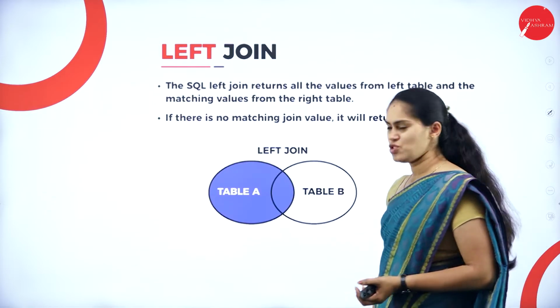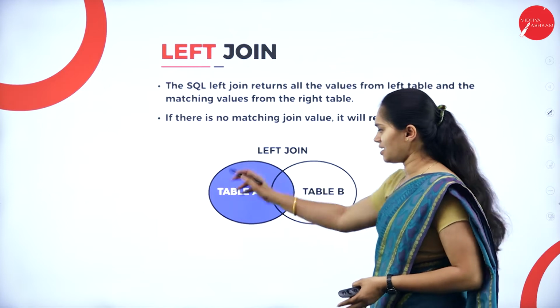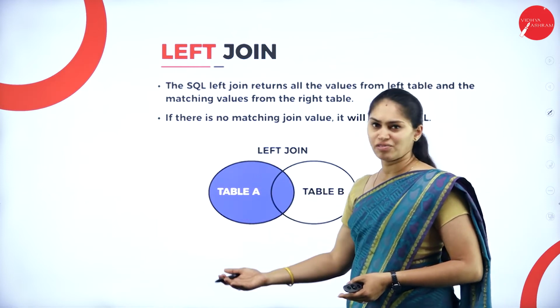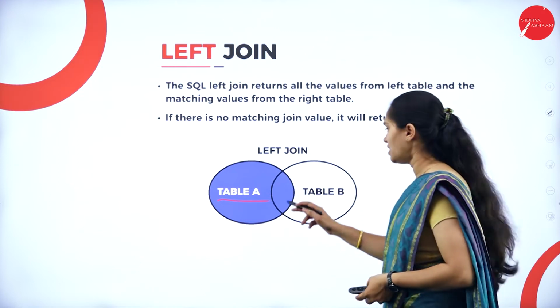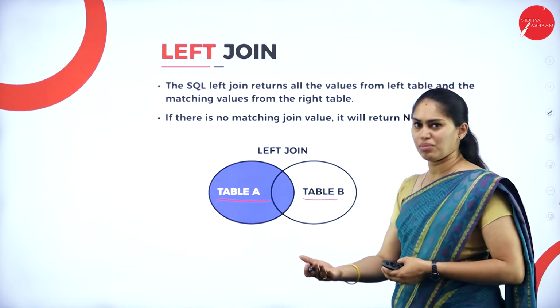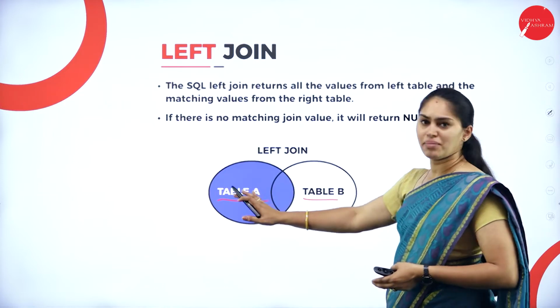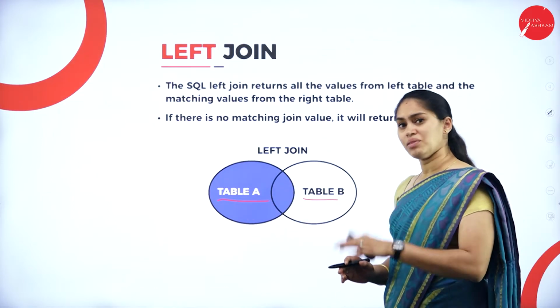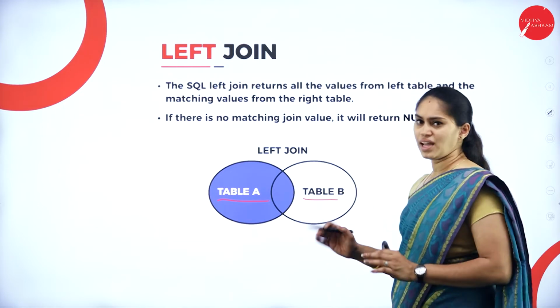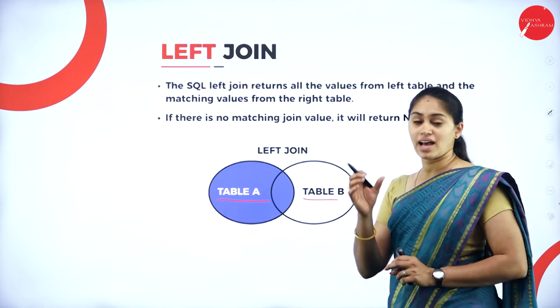Then what about left join here? Whatever content is there in table A, or the left table, everything is going to be displayed. If we have a match in table 2, or the right table, that is going to be combined with the left table in the left join. If we don't have a match in the right table, then that will be returned as a null value.